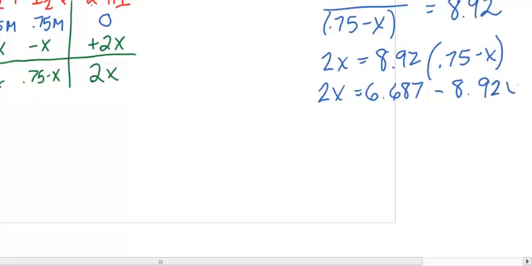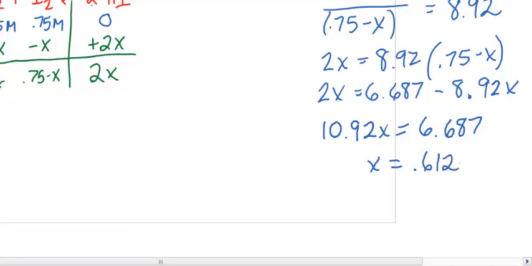Save as much rounding to the end as possible because you are dealing with small amounts and even a little bit of rounding can cause you to get a very different answer. So we just do some algebra, get x by itself. If you do have questions about this process, make a little star by it, ask somebody in class tomorrow. But when you solve for x, you should get about 0.612 or 0.6124. Great, is that the end?